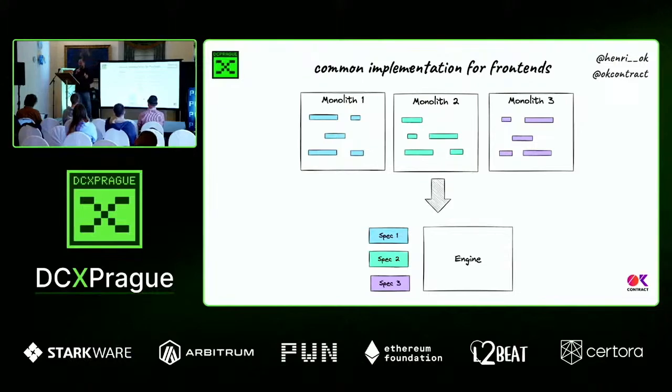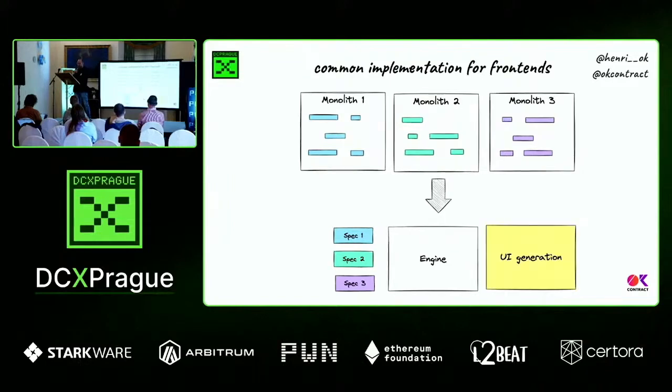What we should do instead is maybe build a unique engine which works for any kind of transaction, with much shorter specifications and descriptions of the transactions that we want to perform. That will considerably simplify the time we need to spend looking at them to make sure that we can trust them.